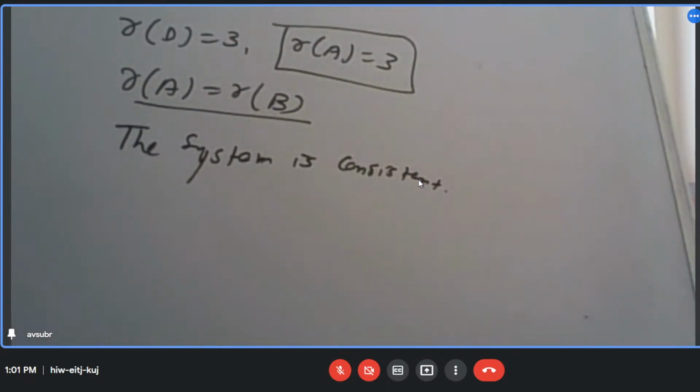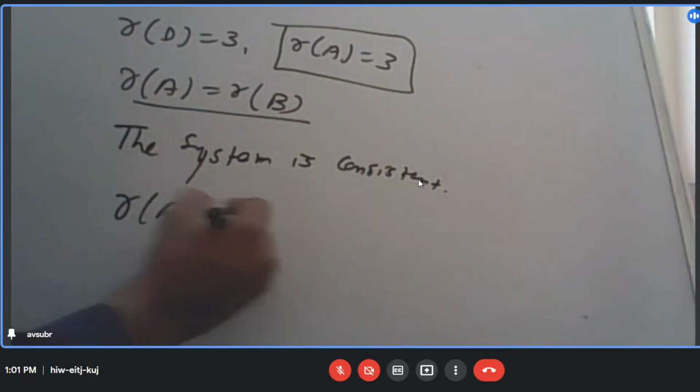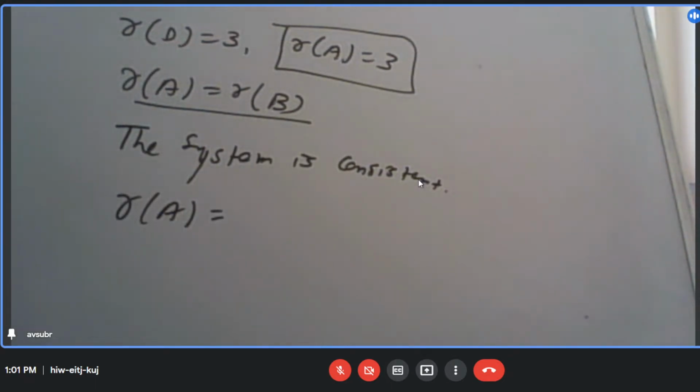Okay. Now we have found out that the system is consistent. But this rank of A is 3, and the number of unknowns is how many? 3, sir. Correct. So the number of unknowns is also 3, isn't it? x1, x2 and x3, right?